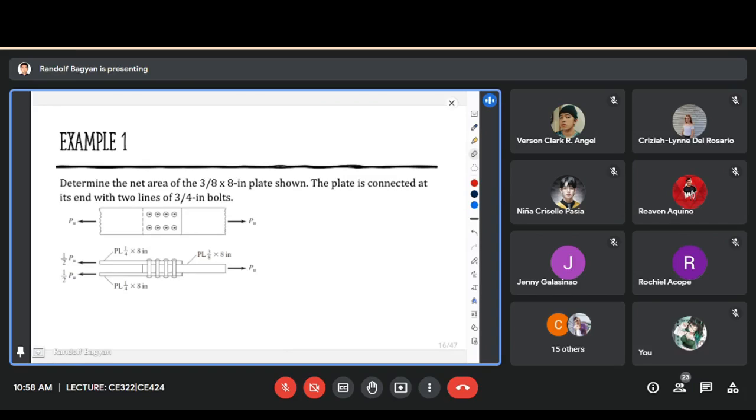Ito. So we have a then top section, no? If you look at this is a tension member. Okay, so the loads act away from each section or cut. So, ito. Meron tayong plate sa taas and then plate sa baba. And then we have this thick plate. PL stands for plate. Rectangular.